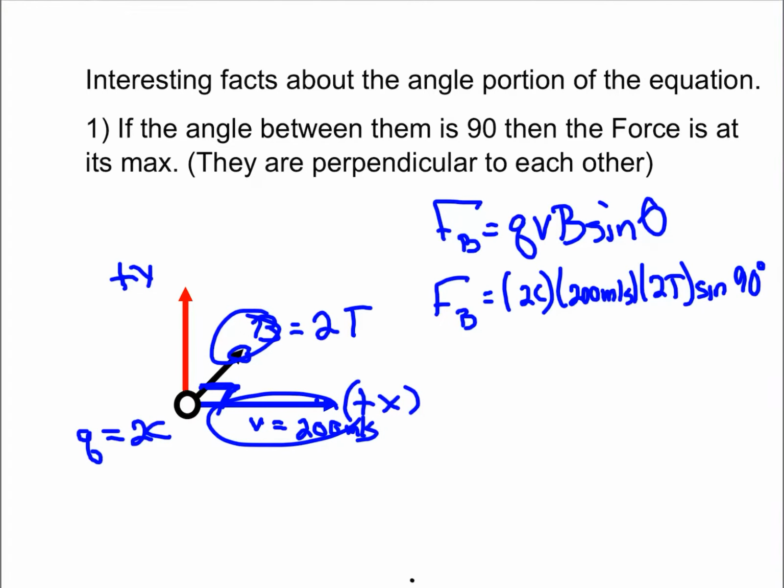Now, we know our basic trig, hopefully, and we know that the biggest that sine of an angle can be is 1, and that happens when it's sine of 90 degrees.